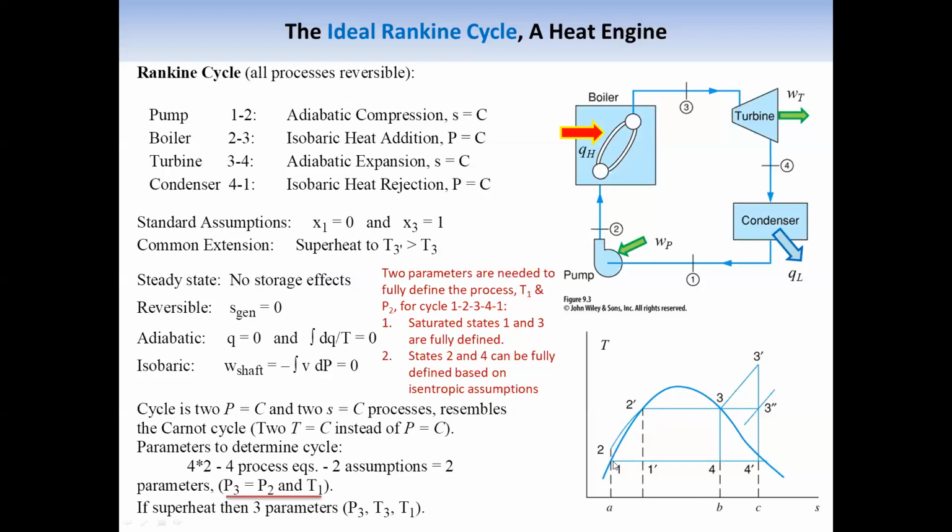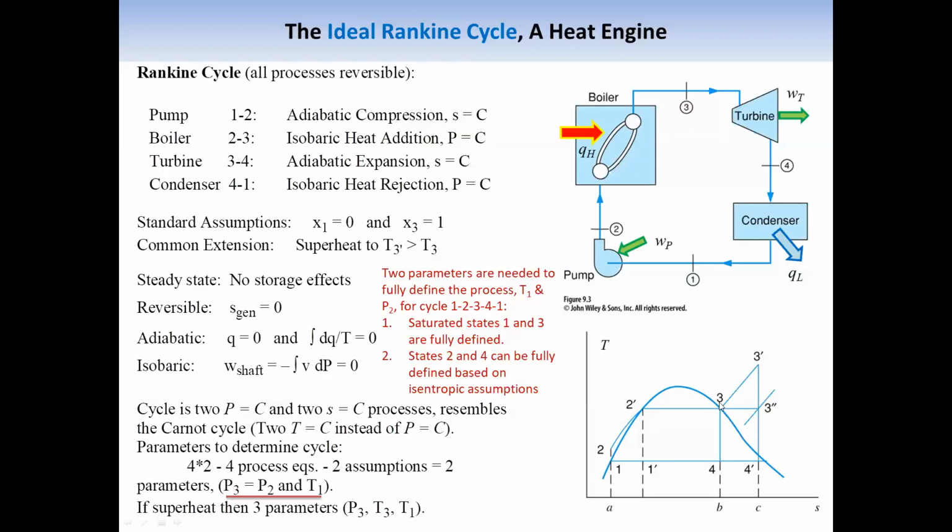If T1 is known, because it's on the saturation line, can we find out the pressure? The answer is yes. Saturation pressure will be the pressure at this state. Now, for state 2, we are given the pressure, and the entropy is the same as state 1 because it's an isentropic process. So state 2 is fully determined.